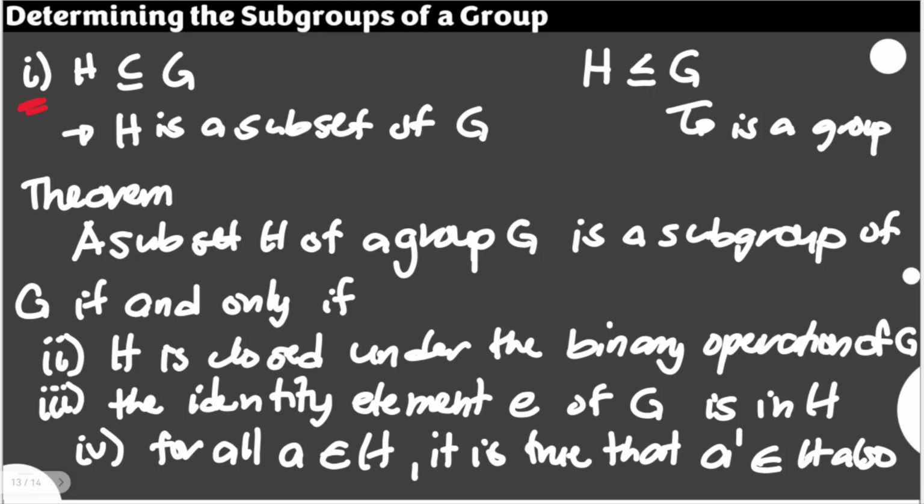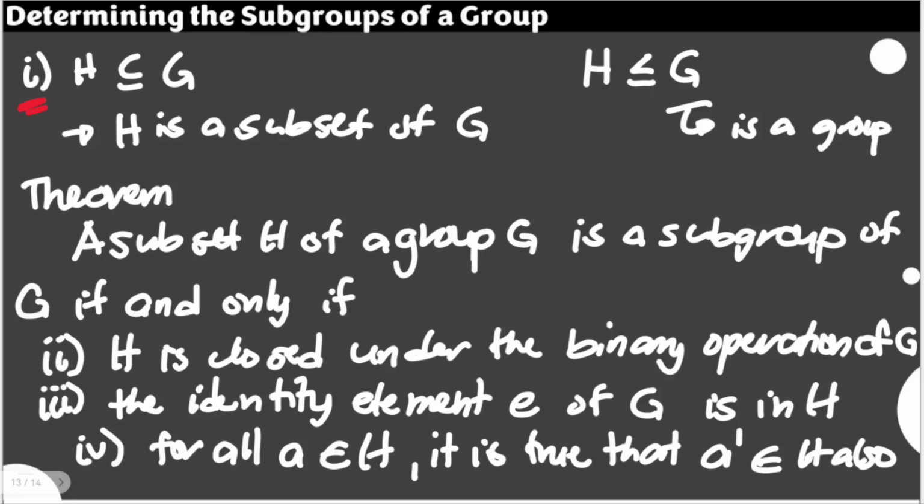That would mean if we have a certain element in G, its inverse is also a part of G. Now, if we consider that same element as part of the subset H, for H to be considered a group, it should also contain the inverse of that element a, the same inverse as in G. So that is for all a element of H.